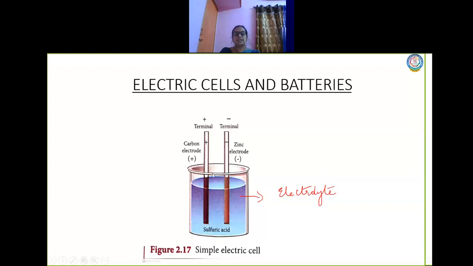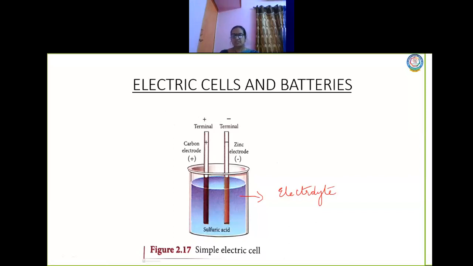Due to the chemical reaction, one rod becomes full of positive charges and the other rod becomes full of negative charges. So this potential difference gives the energy. Now when this is connected to an external circuit, this chemical energy will be converted into electrical energy. So this is the simple structure of an electric cell.